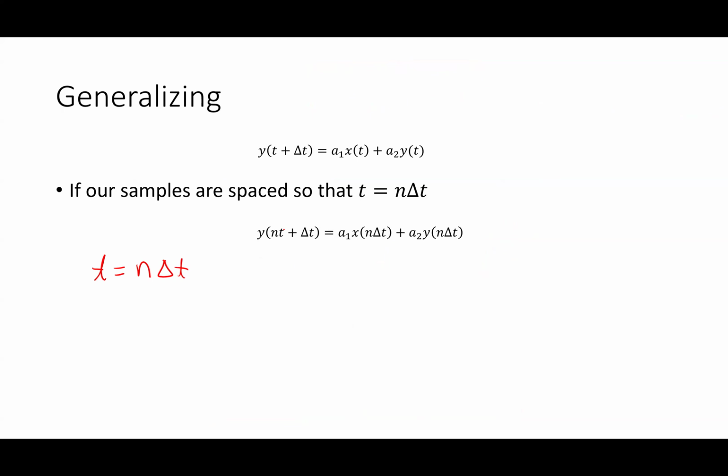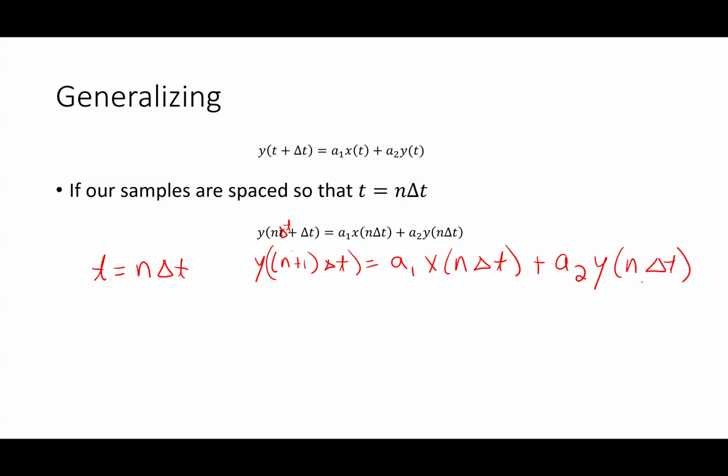Basically I'm saying y of (n plus 1) delta t equals a1 x of n delta t plus a2 y of n delta t. There's no particular reason for me to keep the delta t's in this. How can I get the delta t's out of this? I can.